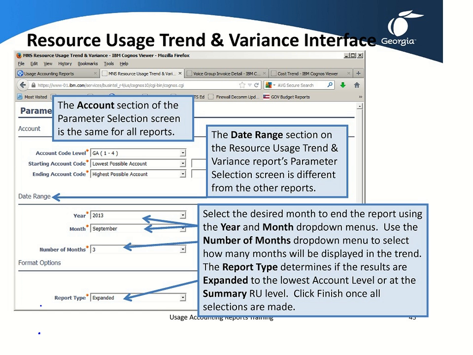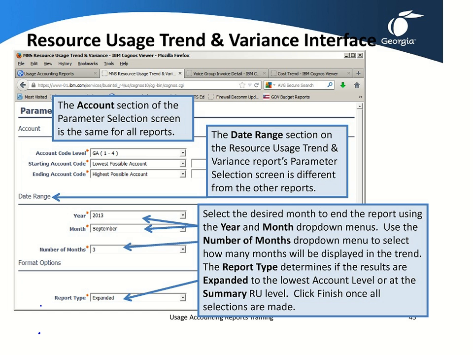July, August, and September. And as far as the report type, expanded, this was also in Chargeback, the GSmart reports. If you chose summary level, you would see your trend at the RU level. If you chose the expanded level, it would break out the RU results according to the account code level you chose at the top of the report.